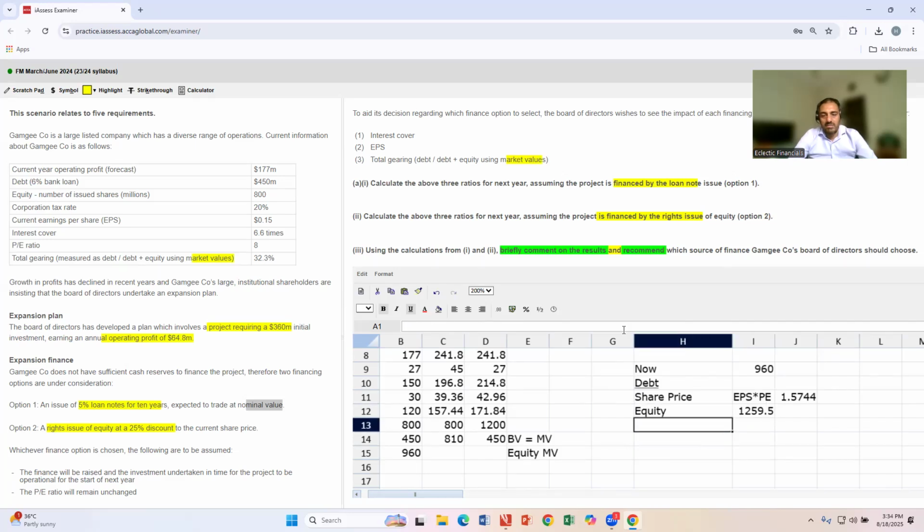Or you can work out simply. That's profit after tax, equity value. Equity is equal to profit after tax multiplied by PE ratio.